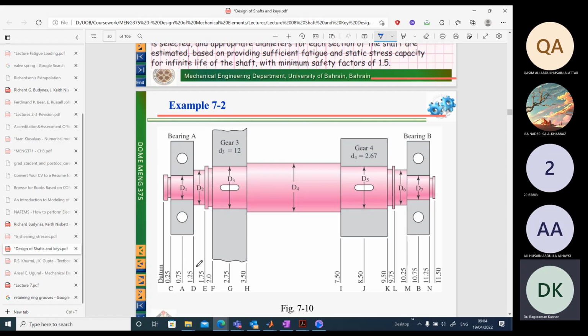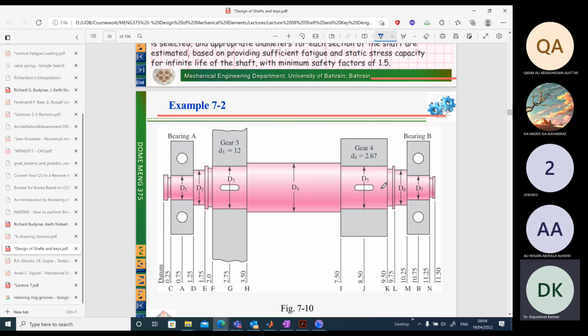So usually you will have all these lengths ready in hand, and you know that you will have to provide a shoulder on the shaft at particular lengths. You are given this data for all these points. You have all the lengths of the shaft provided here. You can read starting from 0, 0.25, 0.75, etc. It is also given here that you will install bearings A and B over here.